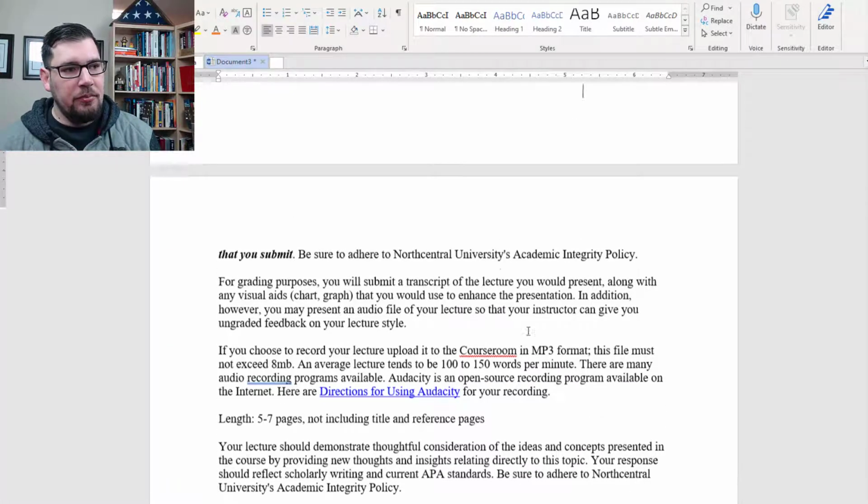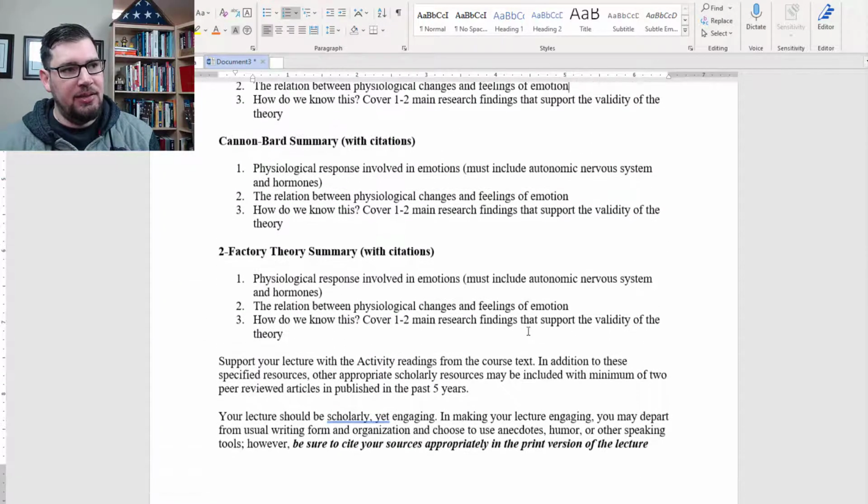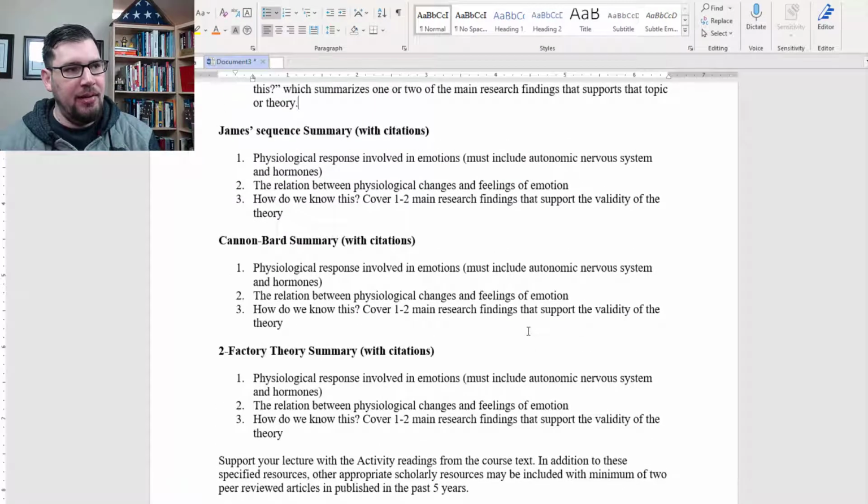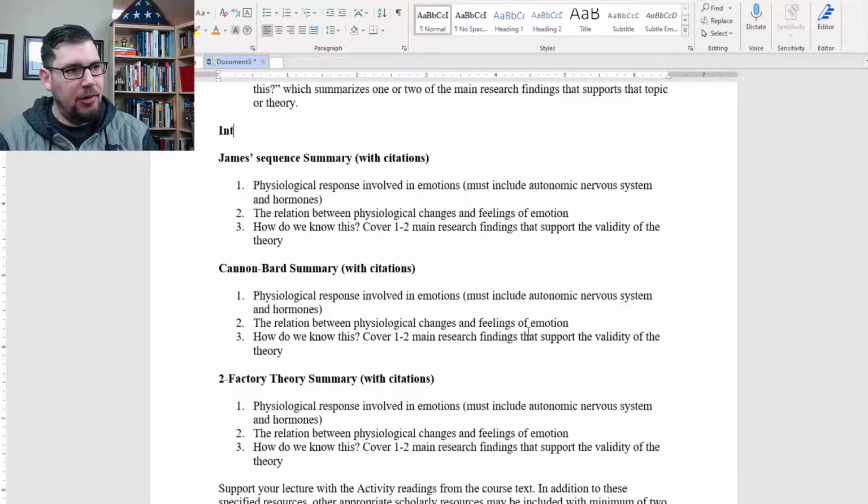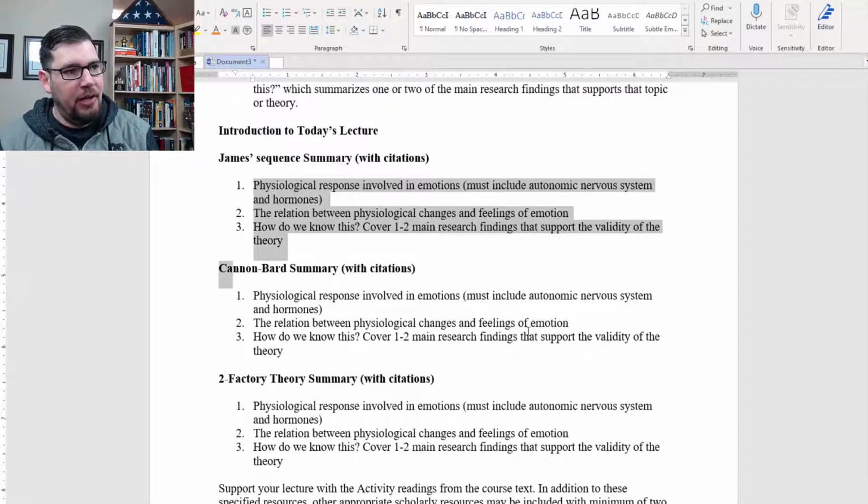So the main thing is, when you present this information, I would suggest you have an introduction. And these three things here would be with regard to James's theory.